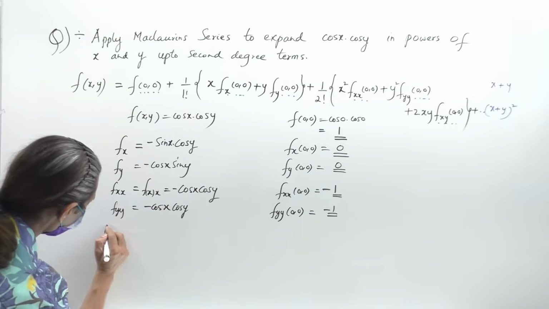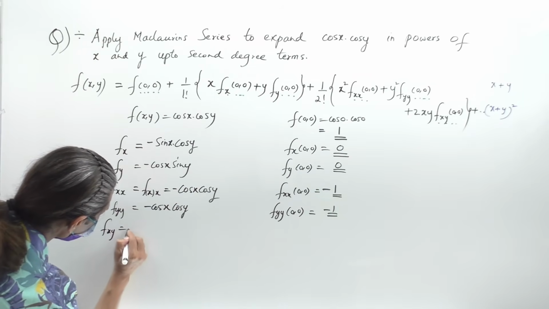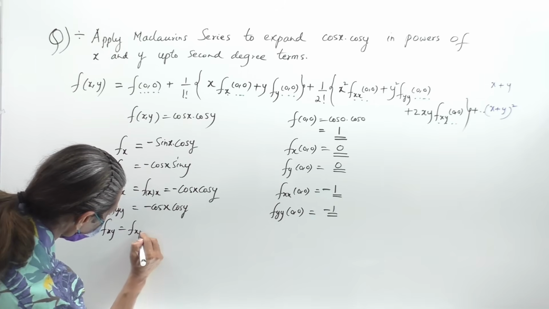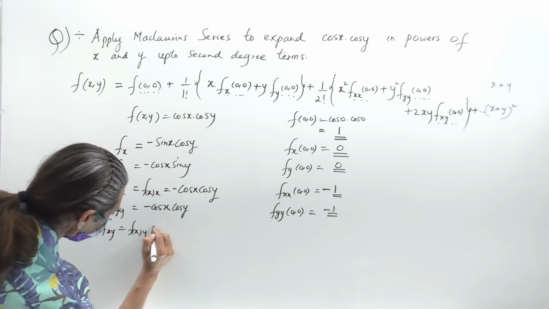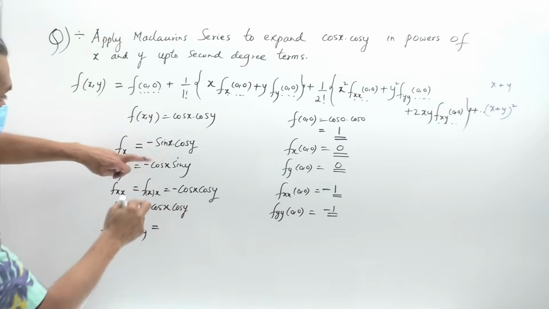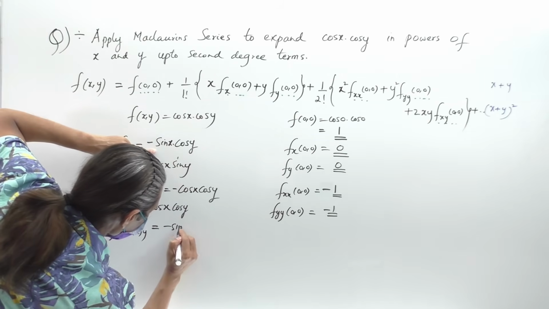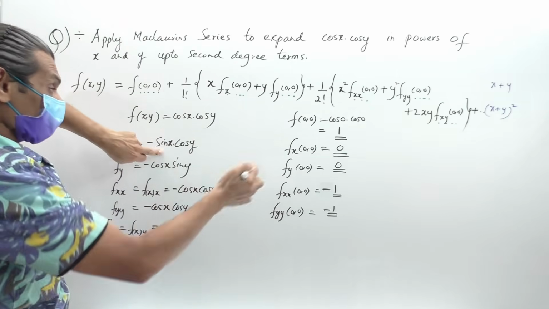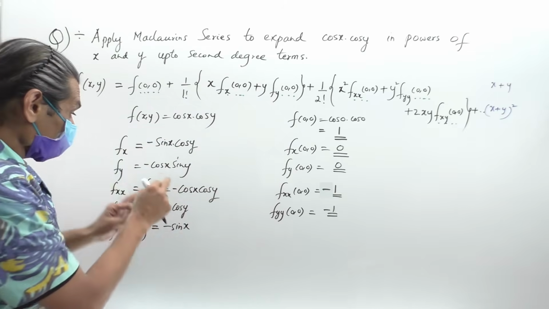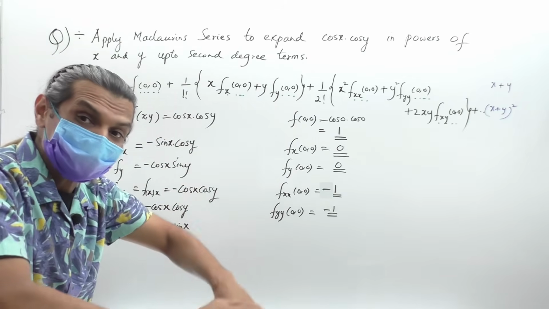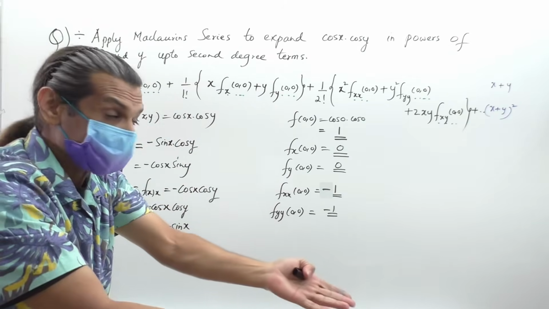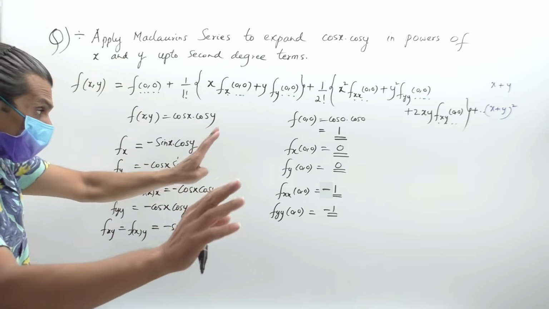Okay, done. Now the final remaining is fxy. fxy will be equal to fx, what we have done with respect to y. That means fx is here. So minus sin x as it is, with respect to y. Sin x, don't touch it. This fx we are differentiating partially again with respect to y. Minus sin x, don't touch it.